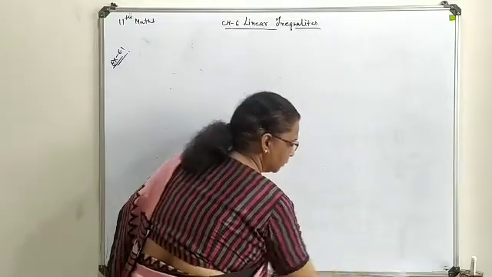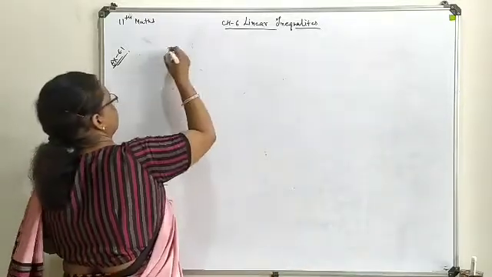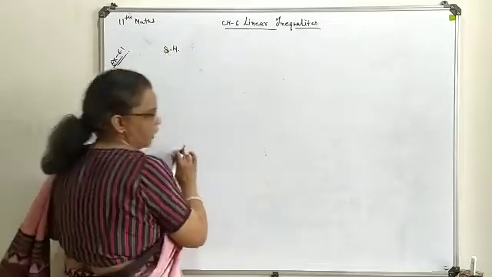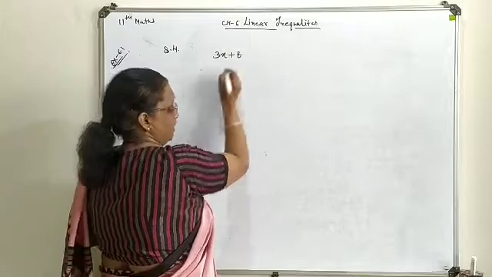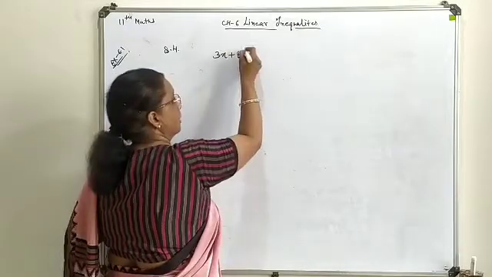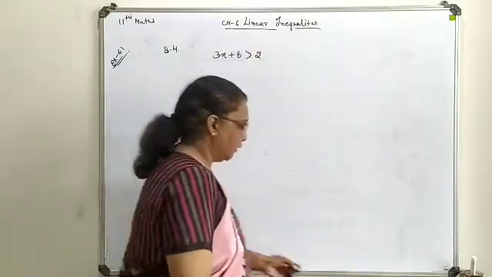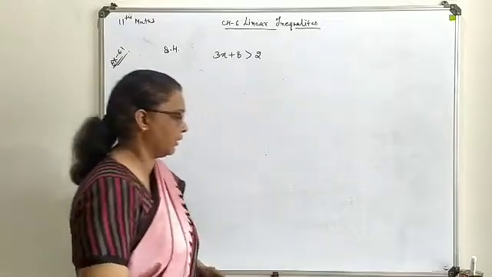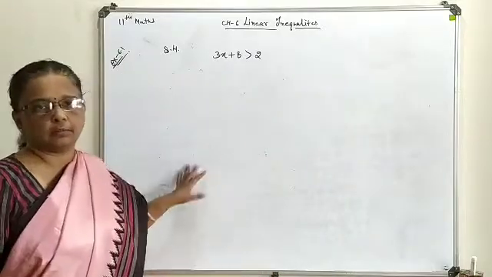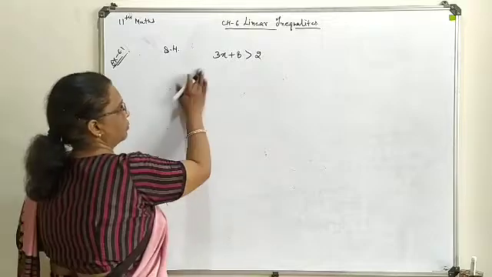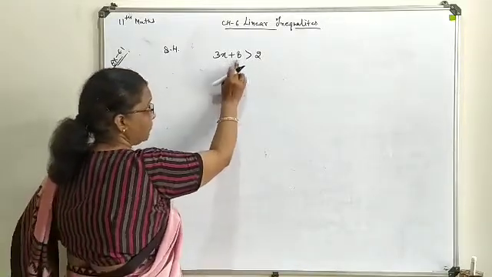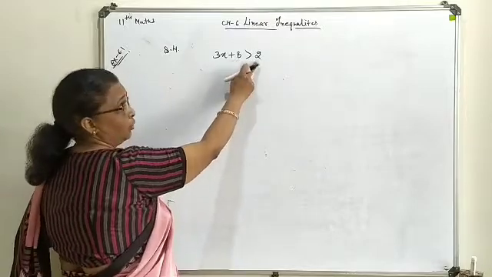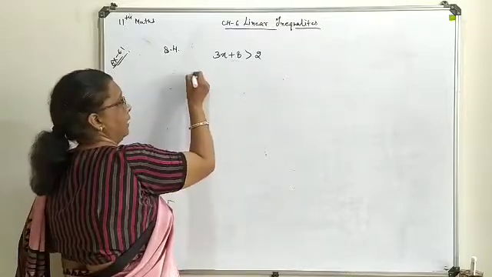Now in the fourth one, your inequality is available as 3x plus 8 is greater than 2. Here also, for two cases, integer and real solution, you will talk about the solution form. So first we will go for removal of this 8, means both sides have a subtraction by 8.